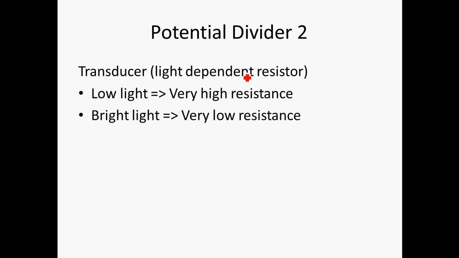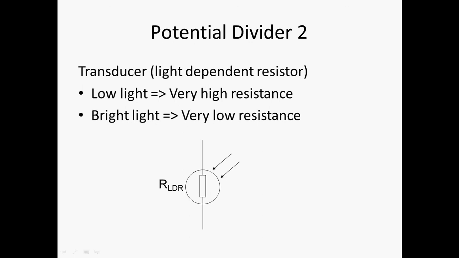At low light or in a dark room, you will have very high resistance, and in daylight or bright light conditions, you will have very low resistance. So using this information, let us explore a case.